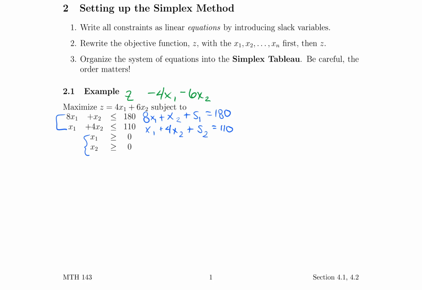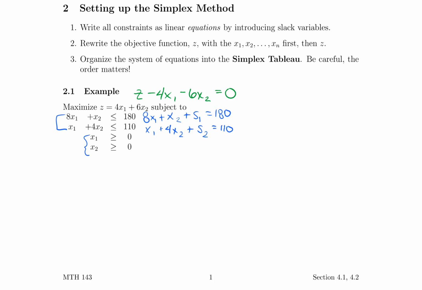Z minus 4x1 minus 6x2, and since we subtracted everything onto one side, this would equal 0. The reason that we've done this is because now we have everything set up so that all the variables are on the left side and all the constants are on the right-hand side.